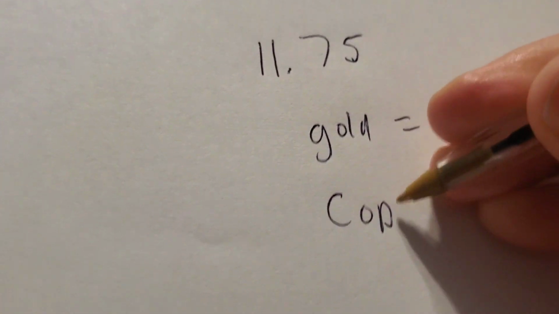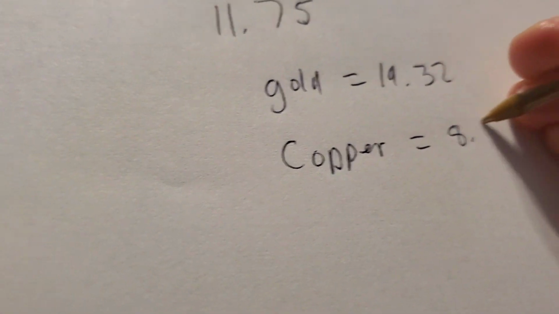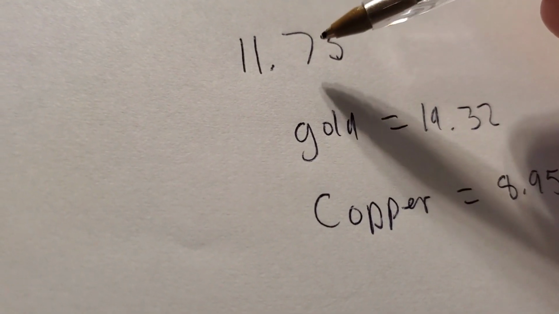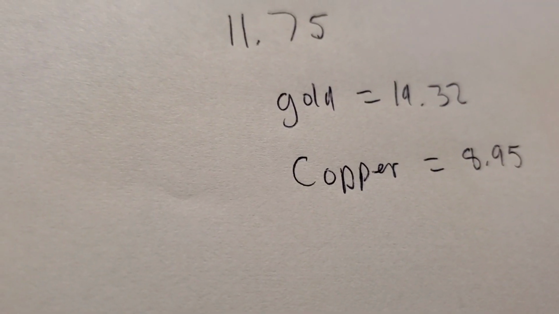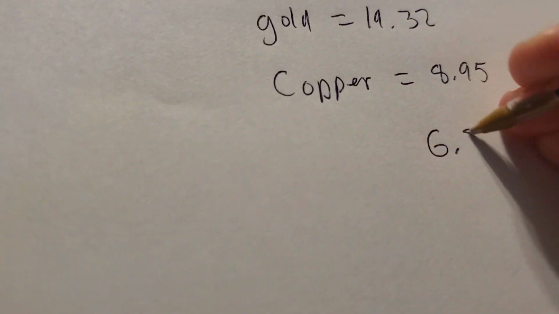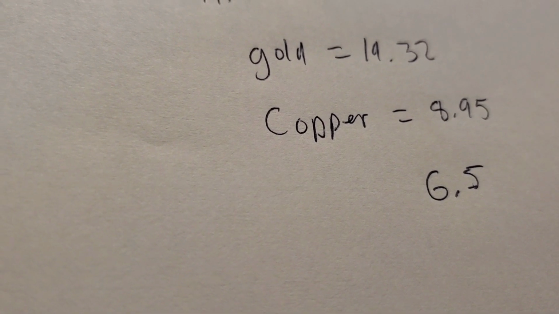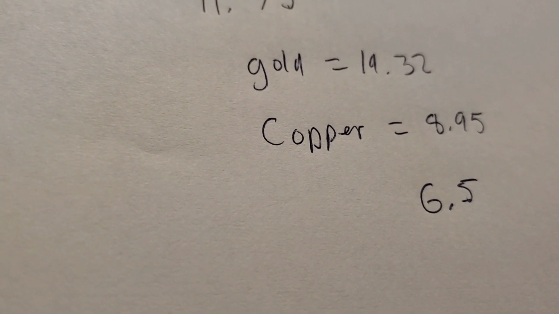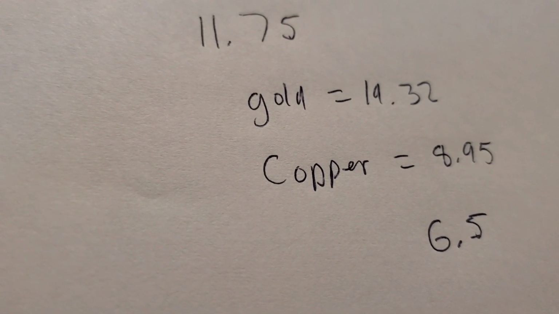Copper is about 8.95. So we were thinking there was some gold content in the object, and it looked like it after we smashed it. What's really weird is after putting it in the acid, the specific gravity came out at 6.5. That's quite low. And it didn't hold up very well under the acid test, but I could see little particles of gold floating in the acid.